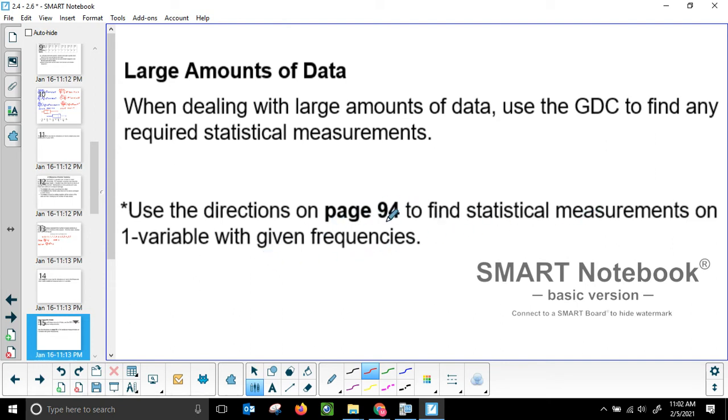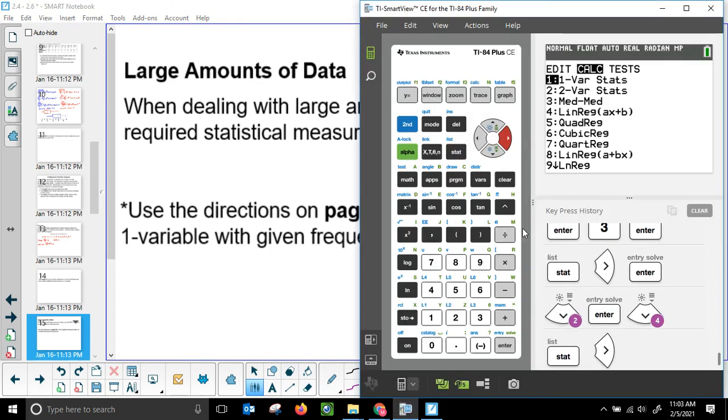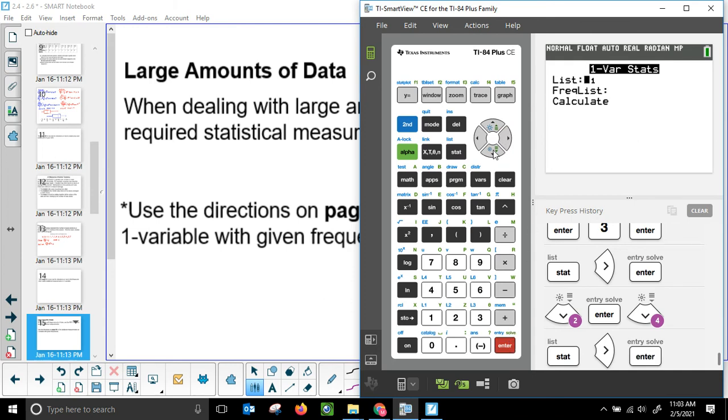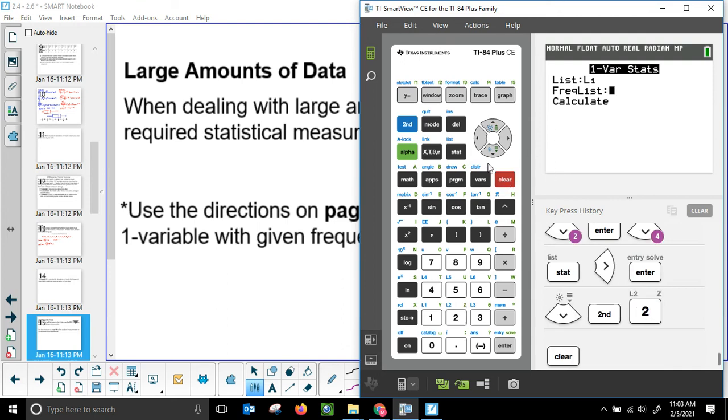When given frequencies, it's really no different. You would just put your frequencies into list 2, and then when you go to your calculator to do the 1 variable stat again, you would put the frequency list down here, hit second L2, and you would take care of that.